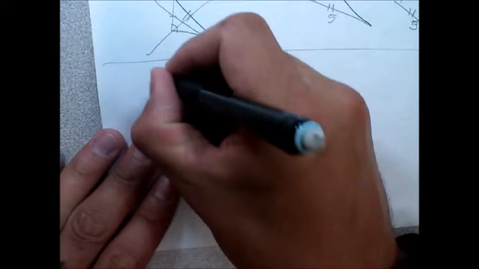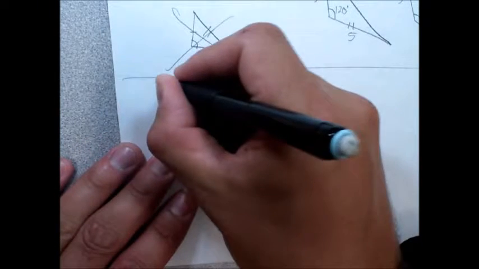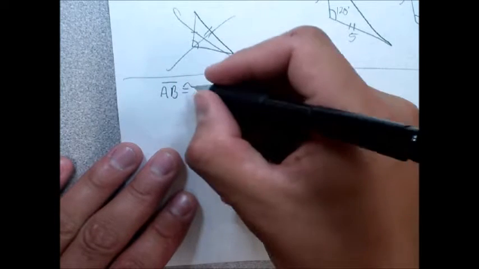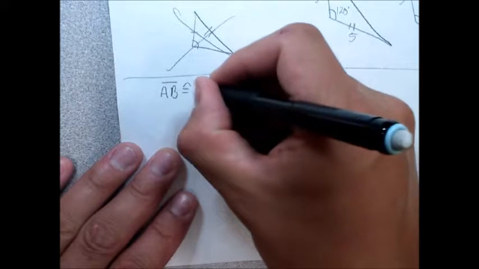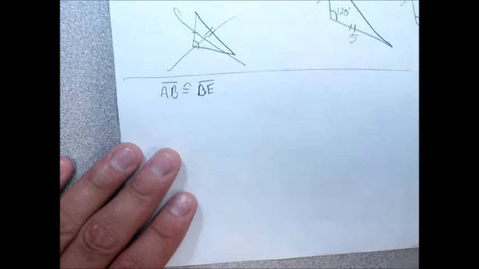Alright, so if I'm doing this example, this is exactly how I would do it. Okay? I would list the things that I know. Okay? We know, and we identified that AB was a segment, right? And it was congruent to segment DE.